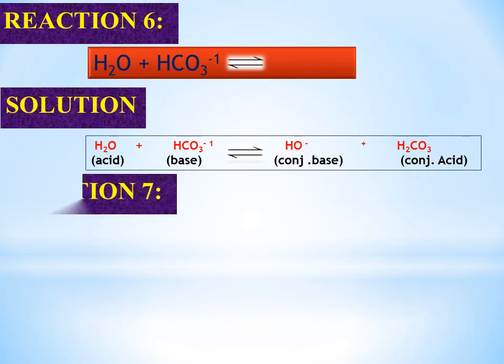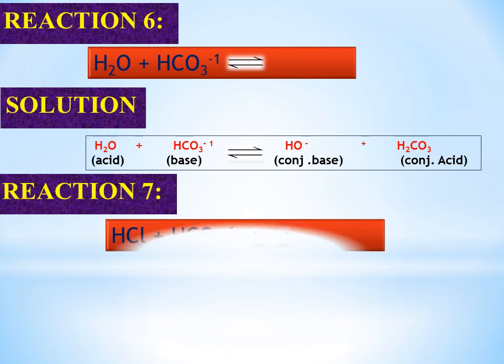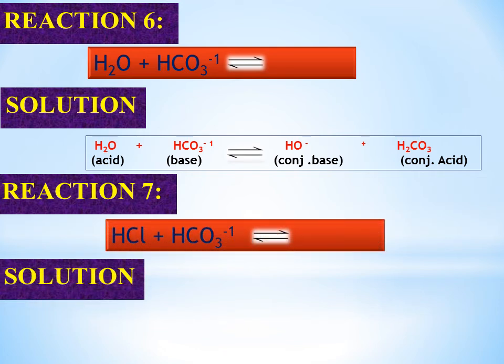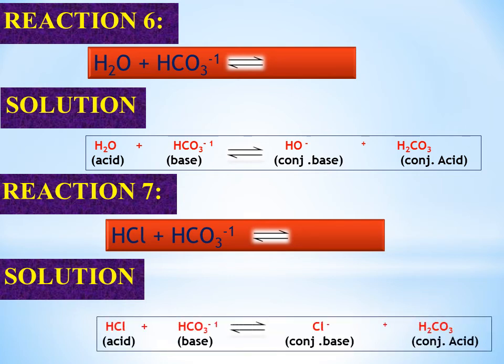Okay, now reaction number 7. Now we will treat hydrochloric acid with bicarbonate ion. In the previous reaction, water was treated as an acid, and now hydrochloric acid, which is a strong acid, is treated with the bicarbonate ion. So what will be their conjugate acid and bases?